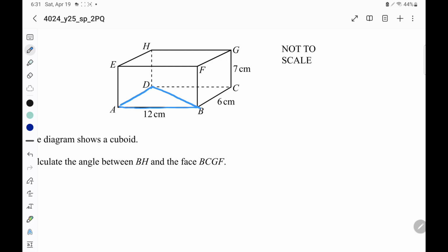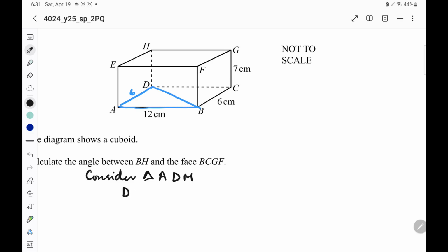So we know that this one is 12, and this one is 6, and then we are going to find out the hypotenuse. Because it's a cuboid, all the corners are 90 degrees, so that is 90 degrees here. So consider triangle ADB first, and we are finding out the DB side.